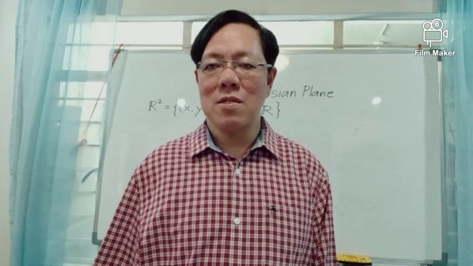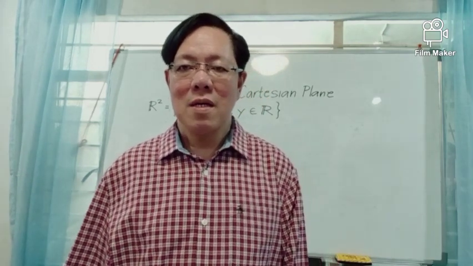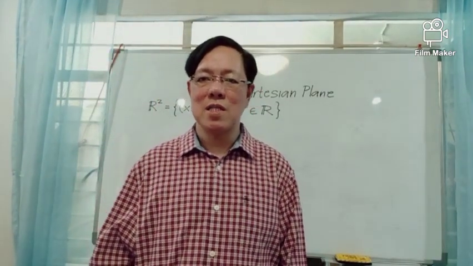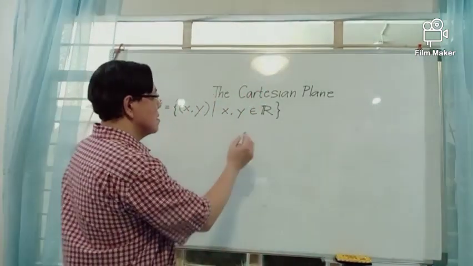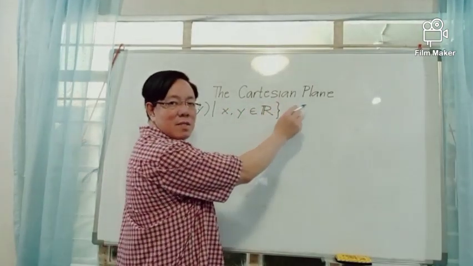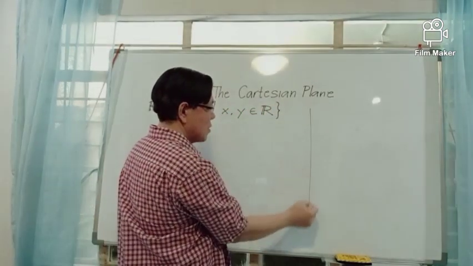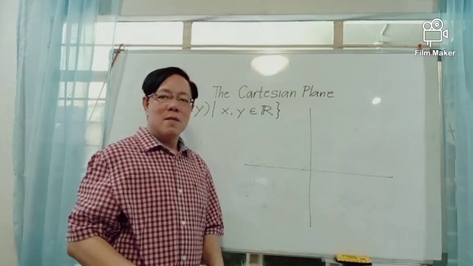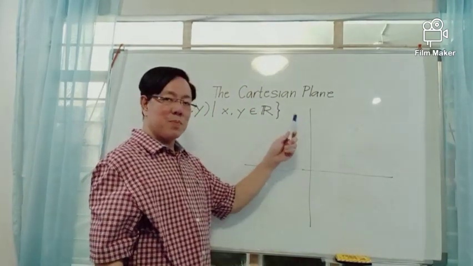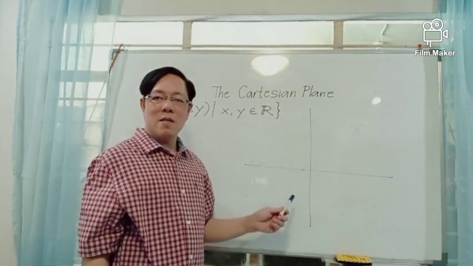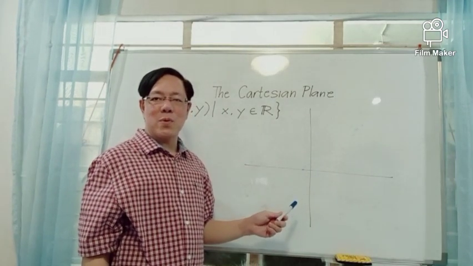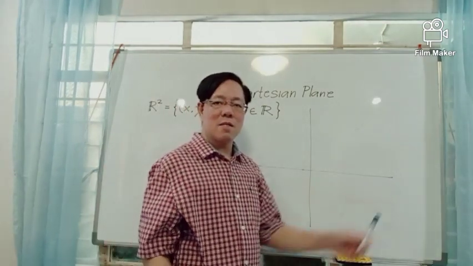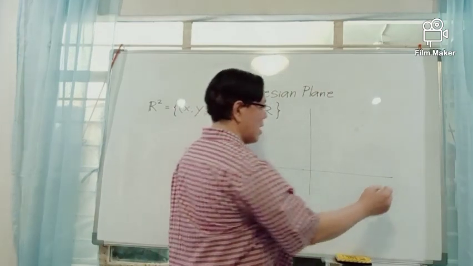And what is the Cartesian plane? The Cartesian plane is a two-dimensional space. It's a two-dimensional space because this coordinate plane consists of two axes. The horizontal axis is denoted by x.